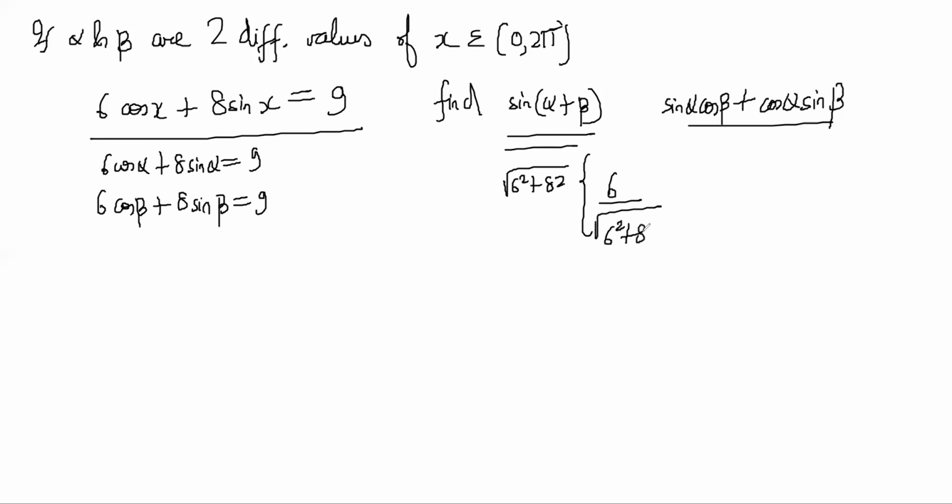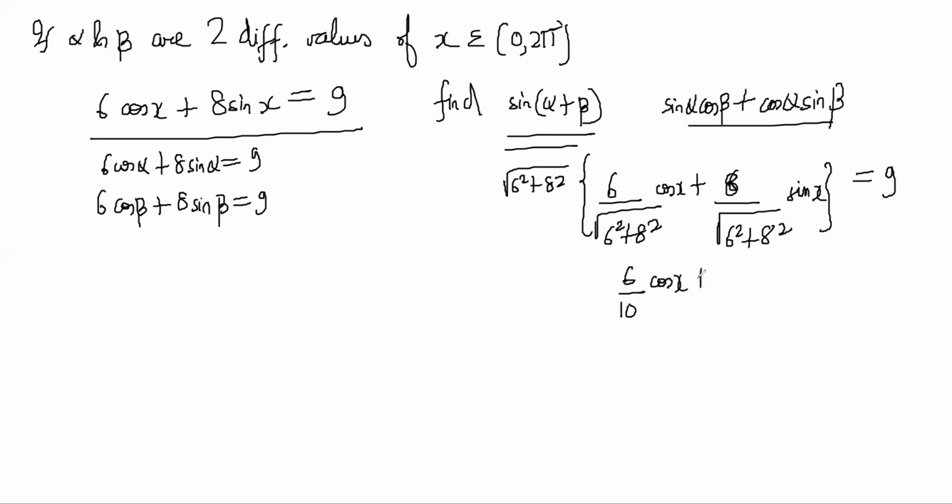So 6 by root over 6 square plus 8 square cos x plus 8 by root over 6 square plus 8 square sin x is equal to 9. This becomes 6 by 10 cos x plus 8 by 10 sin x is equal to 9 by 10. Both coefficients are less than 1, so let's make it a sine function.